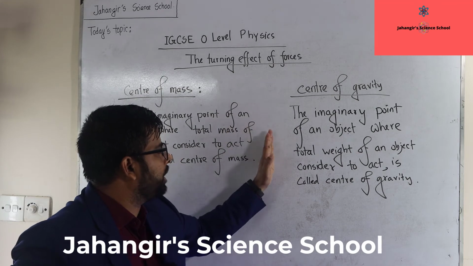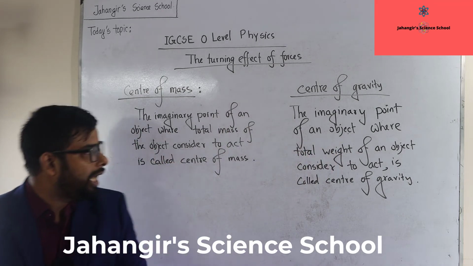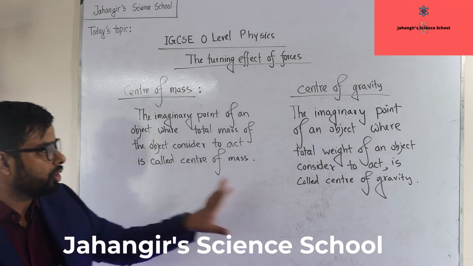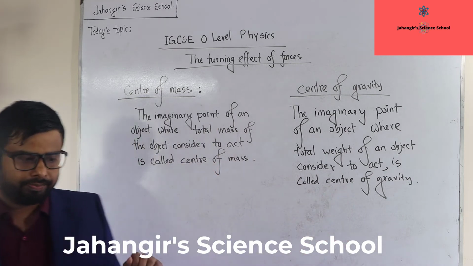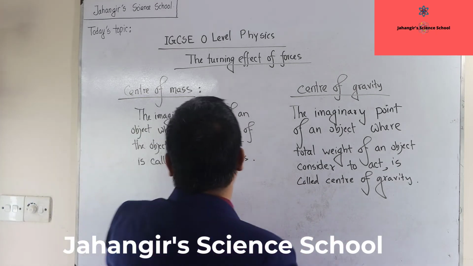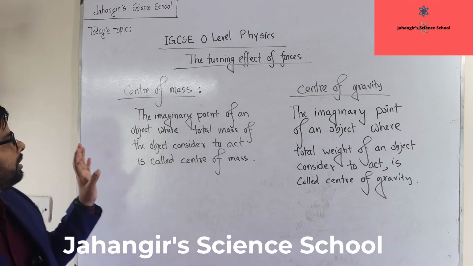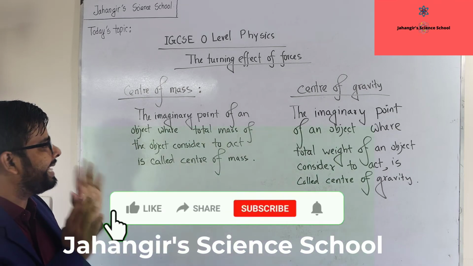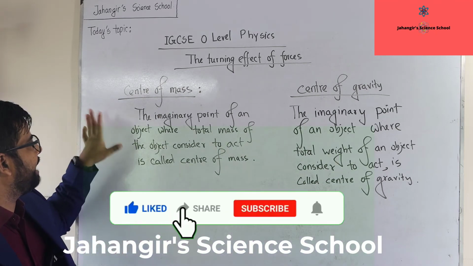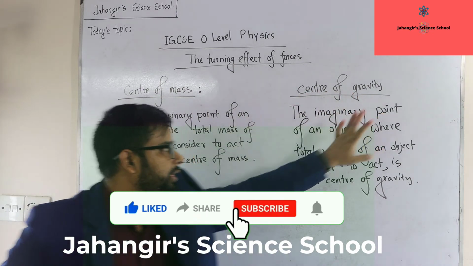The imaginary point of an object where the total mass of the object is considered to act is called the center of mass. On the other hand, the imaginary point of an object where the total weight of the object is considered to act is called the center of gravity. Theoretically, both are the same point, center of mass and center of gravity.